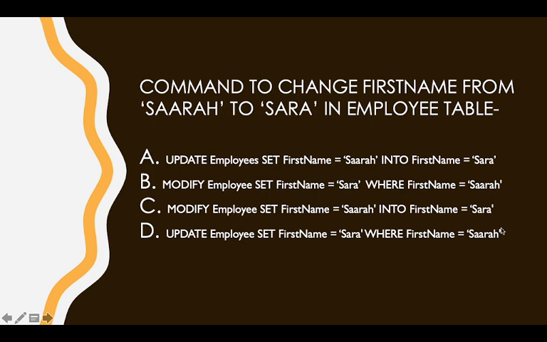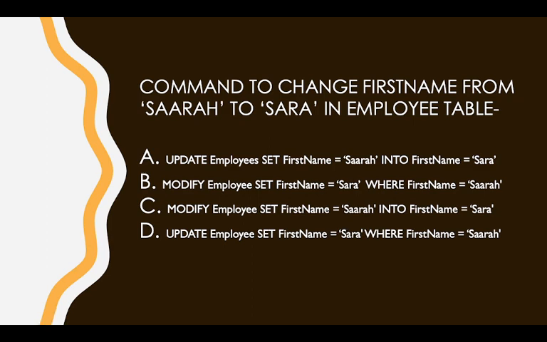So basically it is saying that wherever the first name is Sara, set that first name equal to Sarah. I'm sorry, there's a little confusion between what I'm talking about, but I hope you can see this on the screen. And you see we are changing Sara to Sarah, right?